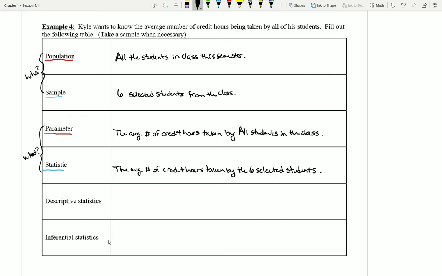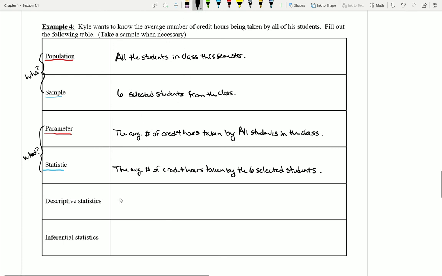In these last 2 boxes, I just want you to make up some statement that sounds descriptive or sounds inferential. You don't have to use any specific numbers. You can almost make numbers up off the top of your head, kind of like we made up this value of 6. Let's take a look at a possible descriptive statement. Maybe I'll write something like this.